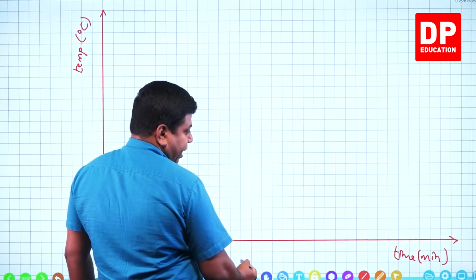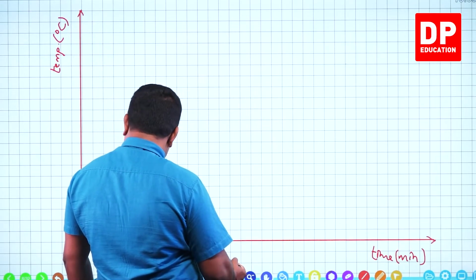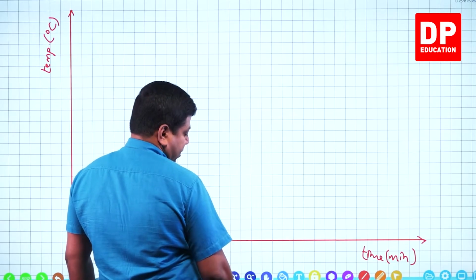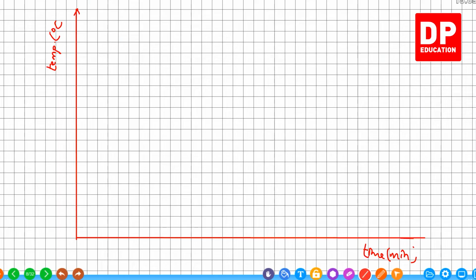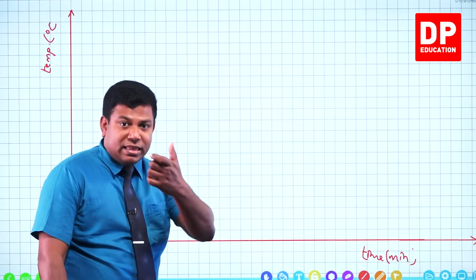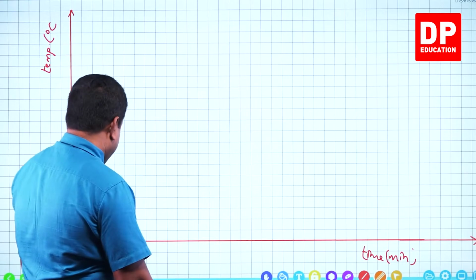Maybe we can extend that a little bit further to 36. Then what we will do, we will take every 3 blocks as 1 minute.